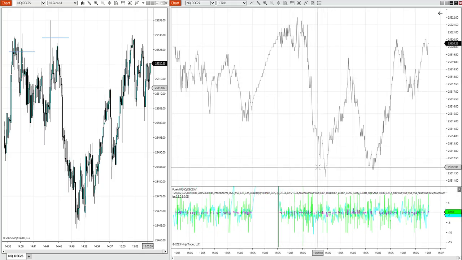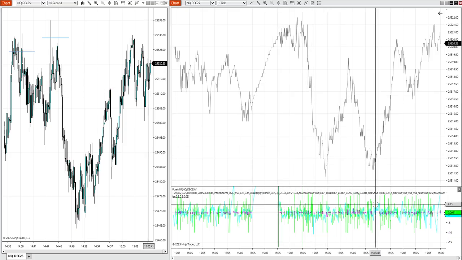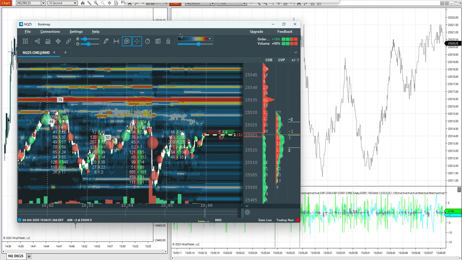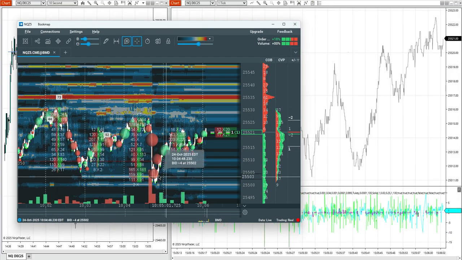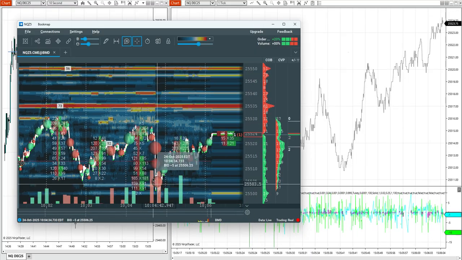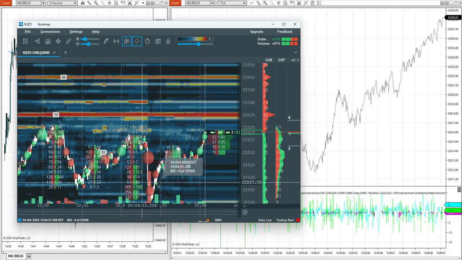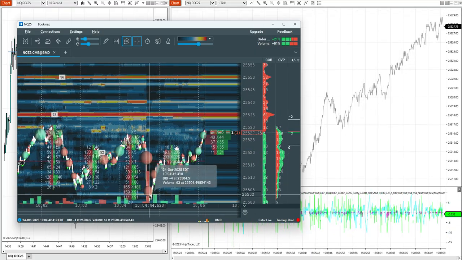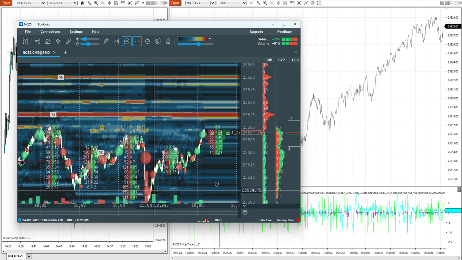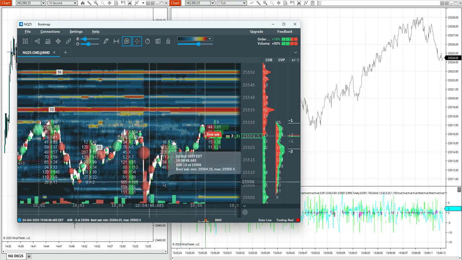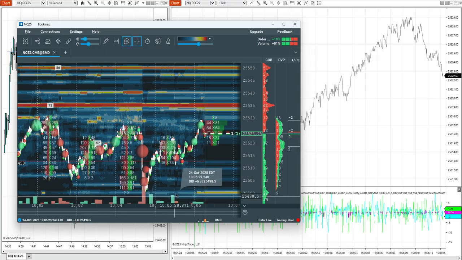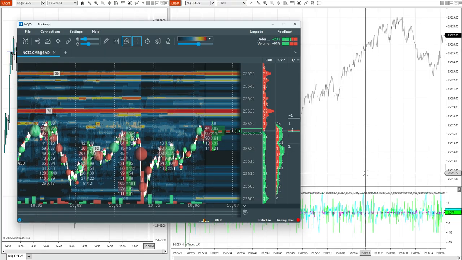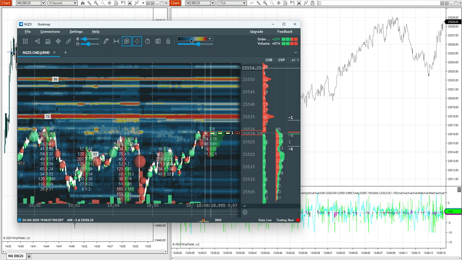So if we were coming down looking to long, coming into a level of liquidity on Bookmap, and we get into it and we get a red line, that just means that the algorithm was predicting price to move up already based on the OFI and the delta, and it didn't move up fast enough. So we're still going to bounce, just it's not as strong of a bounce.